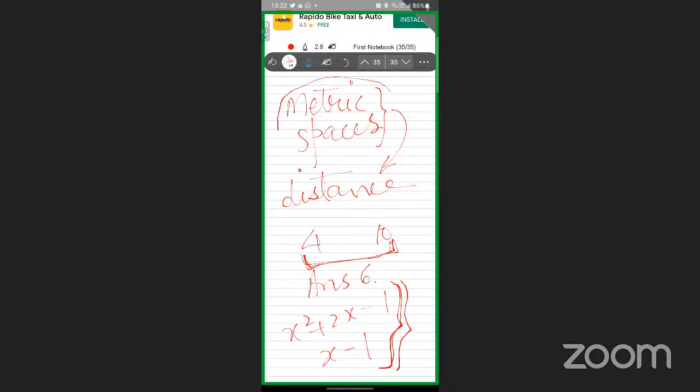Once you have a metric space, then you can talk about the distance between these two polynomials. So that's how metric spaces come into the picture.